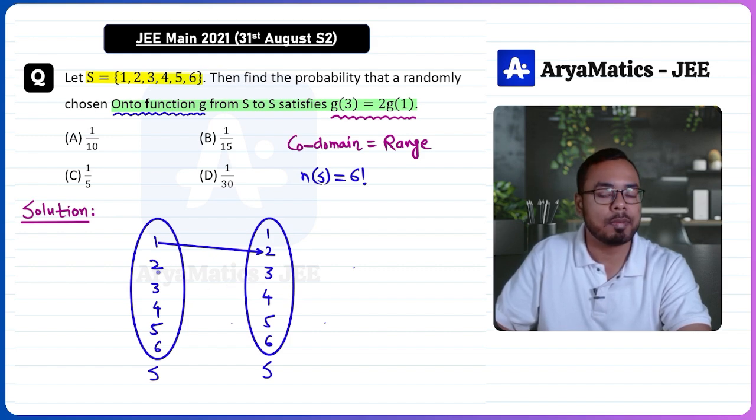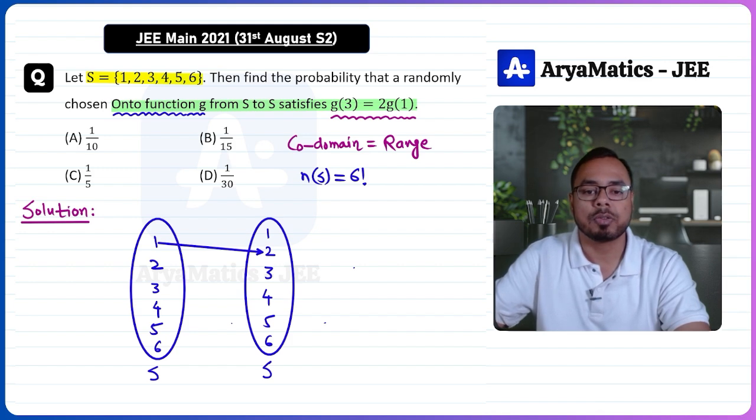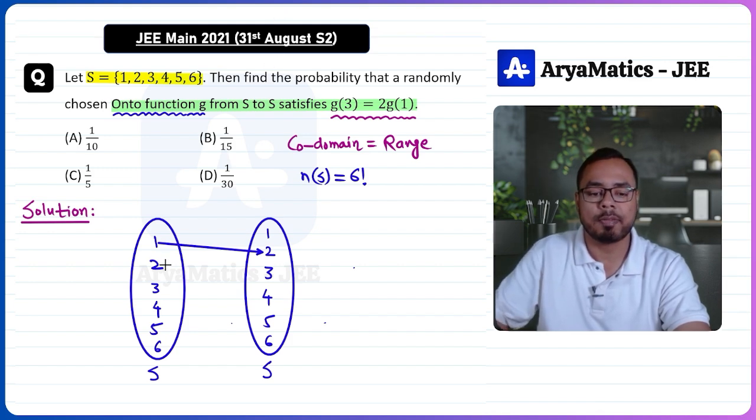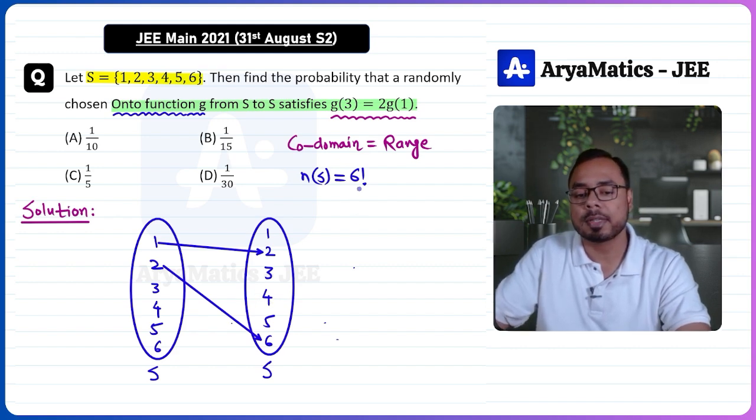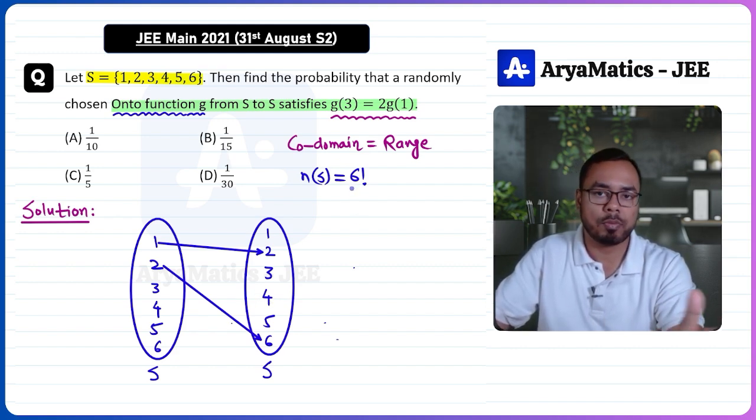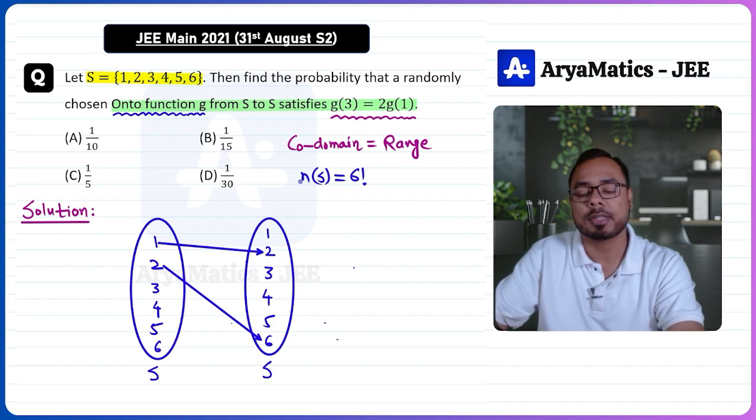Now for 2 we have only 5 options, because we have to make the function one-one. Either it will be 1 or 3 or 4 up to 6. Let us say f of 2 is 6. Then for f of 3 we have only 4 options, and so on. So the number of functions will be 6 into 5 into 4 up to 1, so that is 6 factorial.